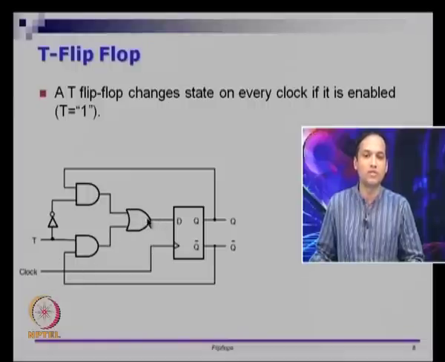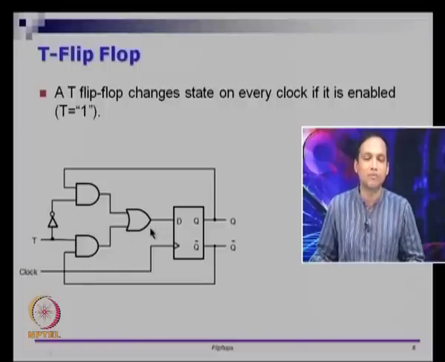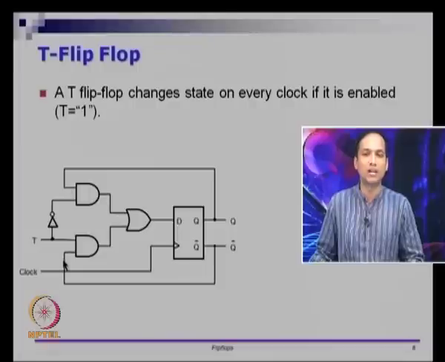If you describe the output of this OR gate in terms of the inputs, namely T, Q and Q bar, we can see that this OR gate is doing T bar and Q, or T and Q bar. That is the definition of a mux, where Q and Q bar are the input lines and T is the select line. So this circuit is either choosing Q or Q bar depending on what T is.